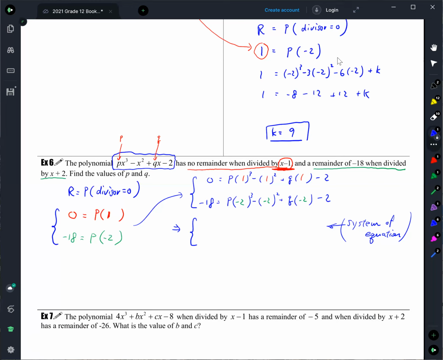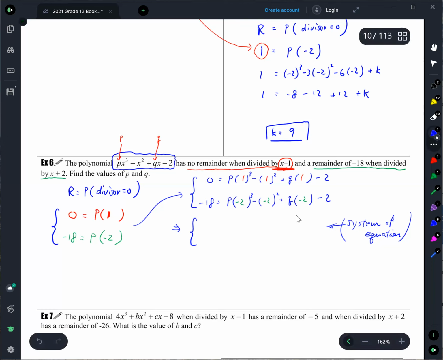If you know how to solve the system, you can continue to solve, okay? But I would like to check the system first before you start solving. But if you're sure, then you can continue. So find the p and q. If anyone doesn't know what's going on here, it's time to let me know.